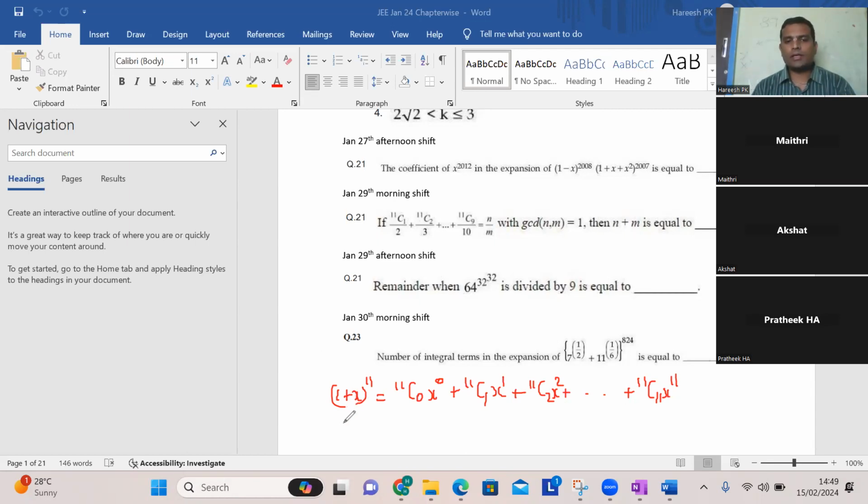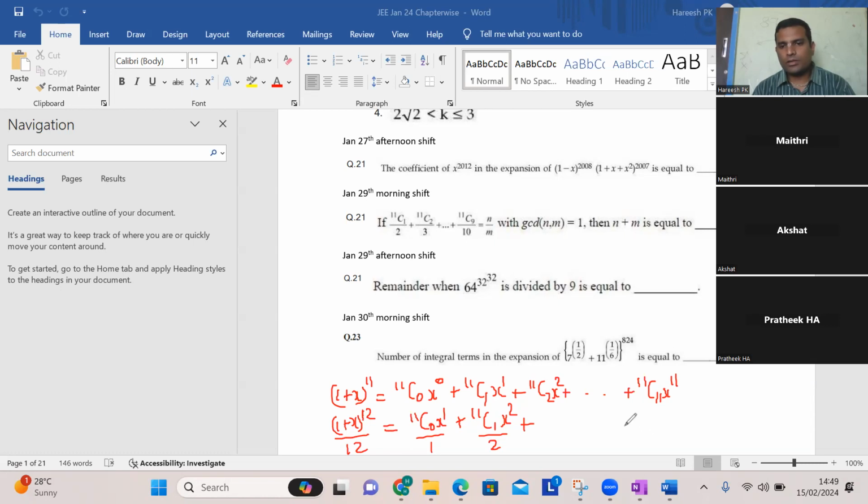So let us integrate this. When you integrate this, you get 1 plus x whole power 12 by 12 is equal to 11C0 x power 1 by 1, 11C1 x square by 2.